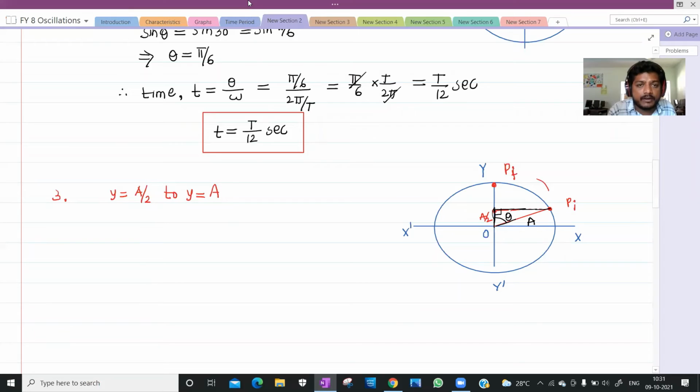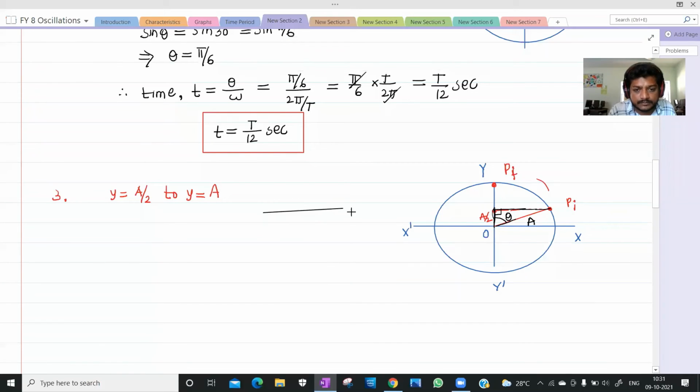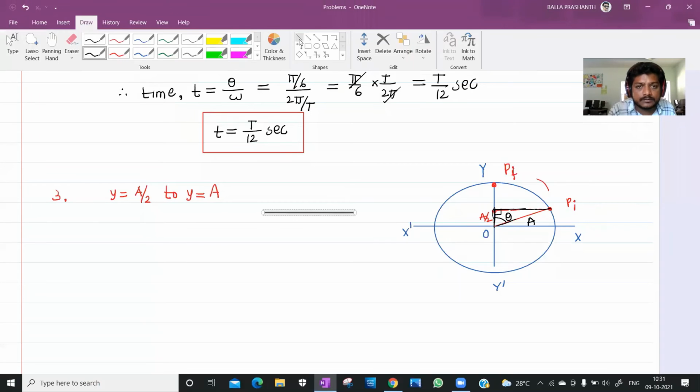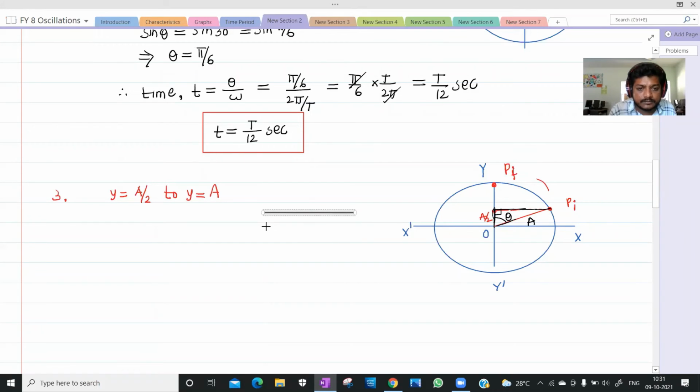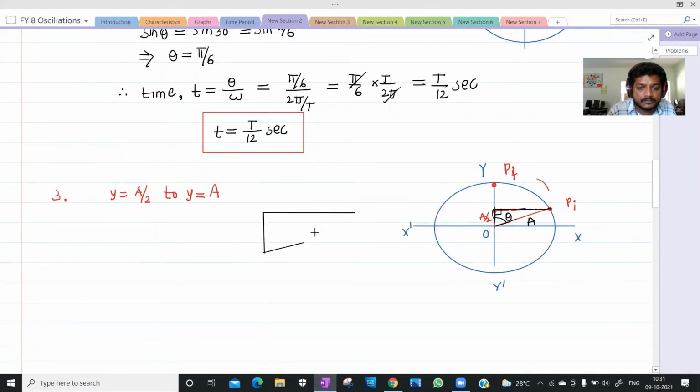So I will redraw the diagram once again here. This is A by 2, this is theta, and this is A. This is a 90 degree perpendicular.